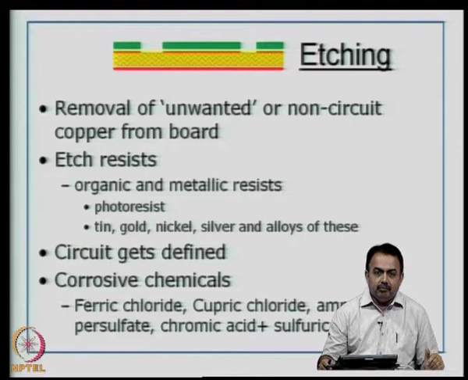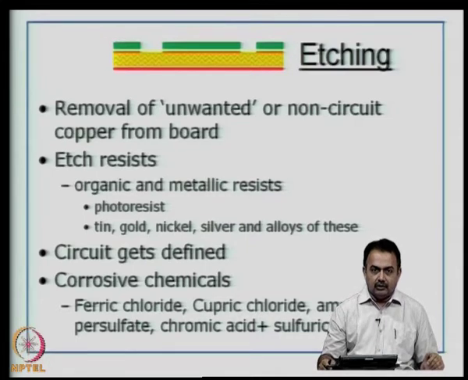The reason why we plate gold is because of the good contact resistance, good conductivity, and you need to plate only a very thin film of gold compared to larger thicknesses of tin, for example, if you want to protect copper.